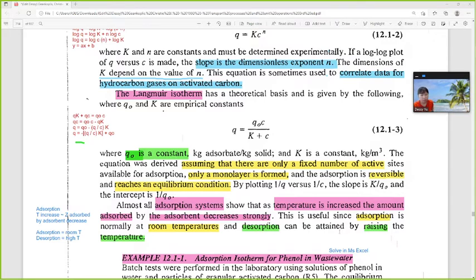Absorption takes place at room temperature, and desorption can be attained by raising the temperature.